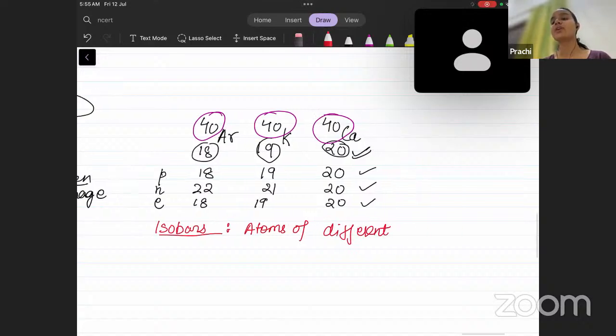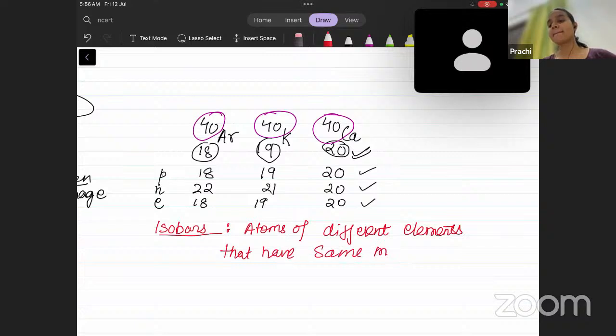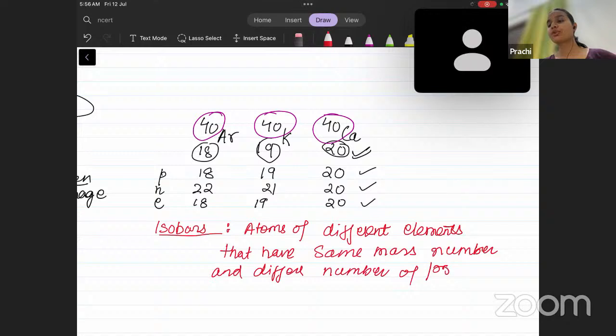Whereas in isotopes, we were writing they were the atoms of the same element. Here, isobars are the atoms of different elements that have the same mass number and different numbers of protons and neutrons.